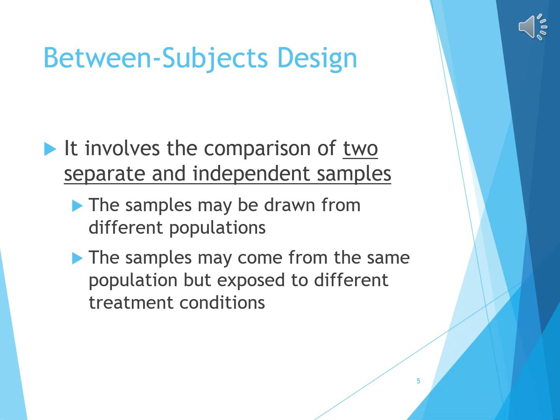And there's still two flavors of this. You can draw two samples from two different populations, one sample from each, or you could grab one large sample from one population, randomly assign those people to two different conditions, and then compare between the conditions.